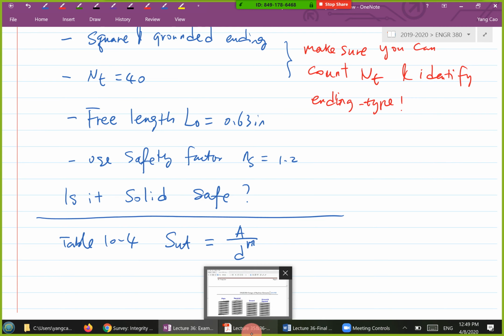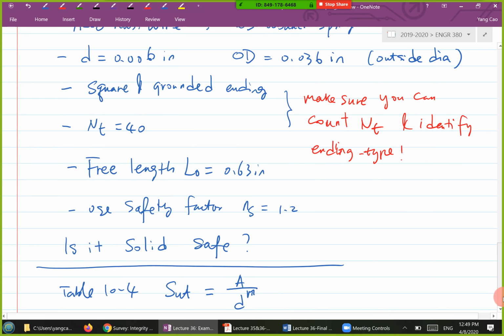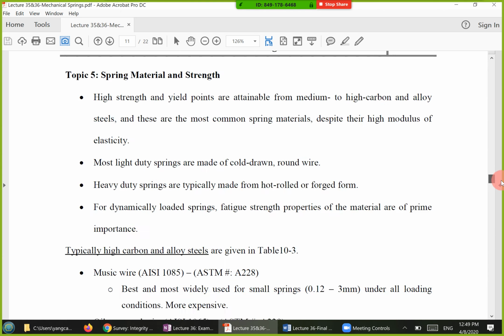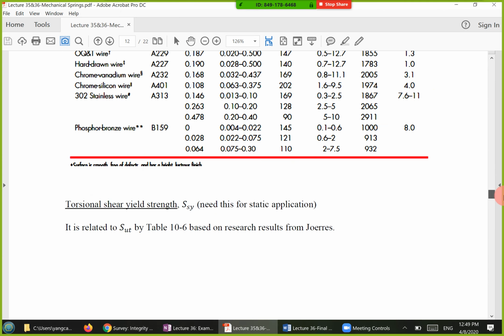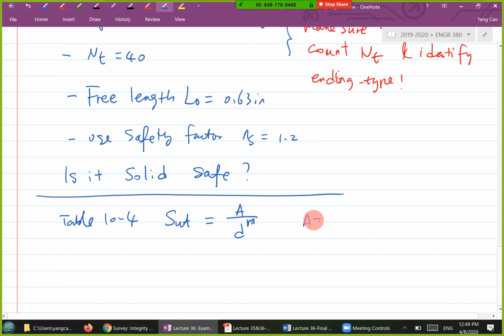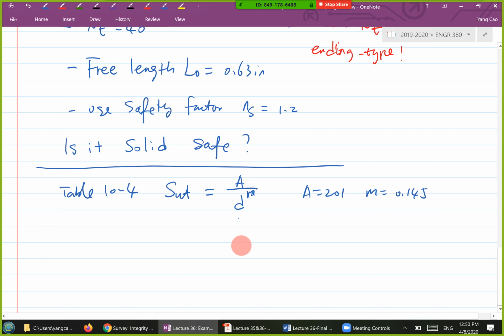So if I look at table 10-4, M is 1.145, and this is an inch series, so A is 201. And D is already given, it's 0.006, so you plug in everything.